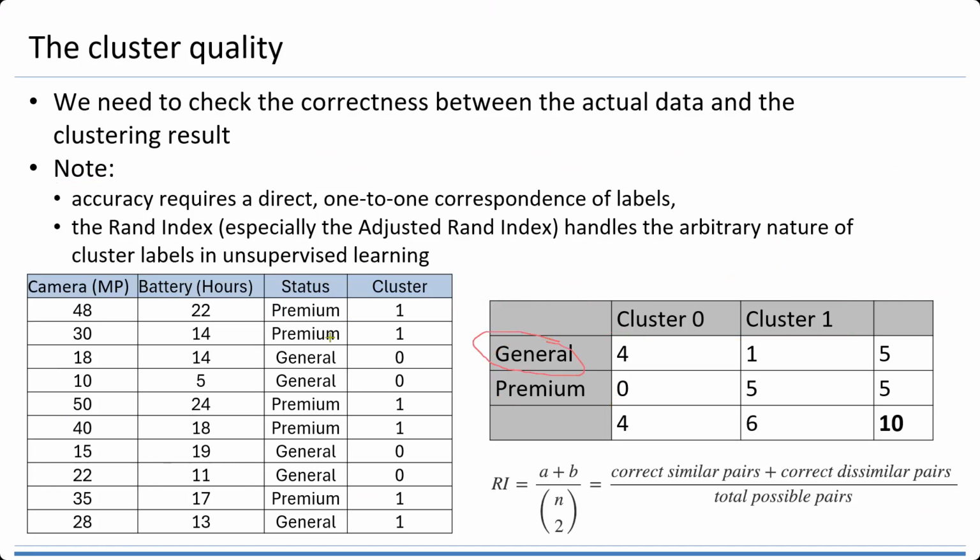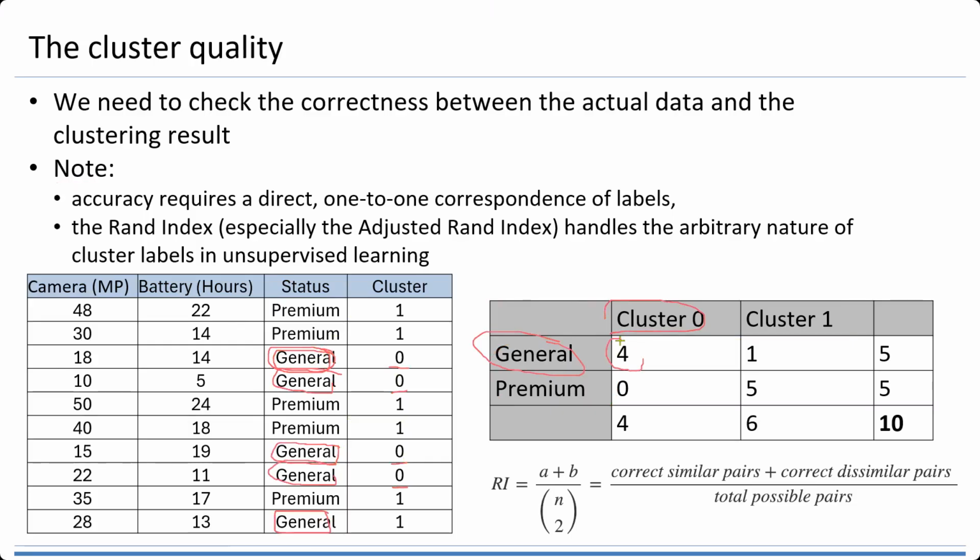We want to know when the actual data is general, how many of them belong to cluster 0? Okay, the general, general, general, general, general, and 1, 2, 3, 4.